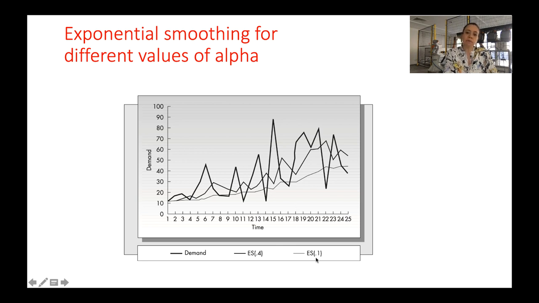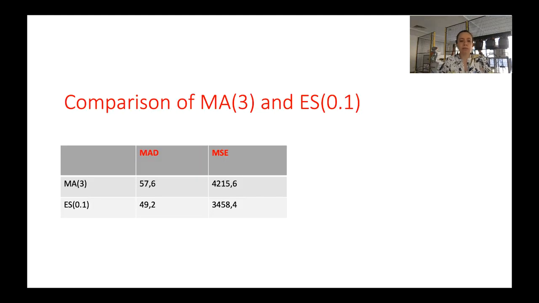As you can see from the graph, when the alpha value is higher, for example 0.4, the values of the forecast can more easily react to the changes. But when the alpha value is less, as 0.1, we obtain a more stable forecast, as you can see on the graph.